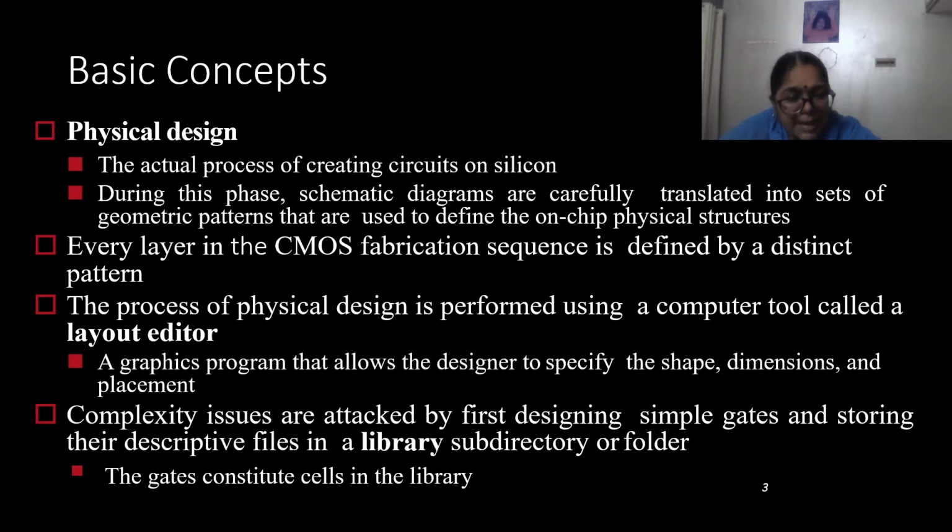To design the parallel adder, I can take the full adder design from the library and repeat the same design n number of times, where n would be the number of bits which need to be added using the parallel adder. So like this, we can make use of the library subdirectory or folder to design basic gates as cells, store them in the library and then use them for complex designs.